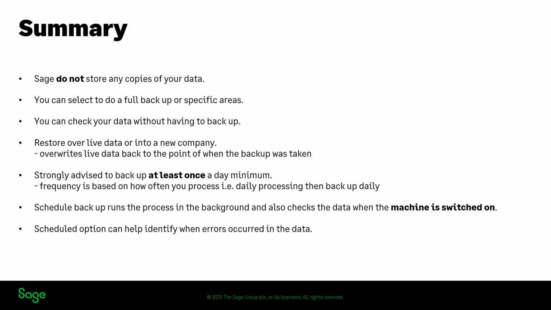So it's just working it out for yourself in terms of how often you process and how much you're adding additional things like transactions, and then attachments to your records as well.